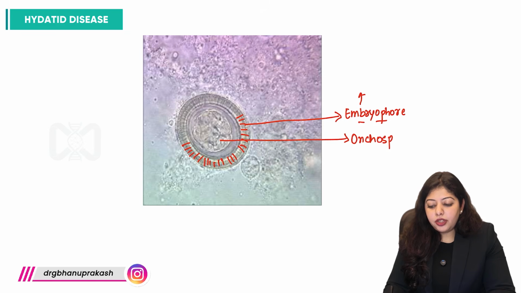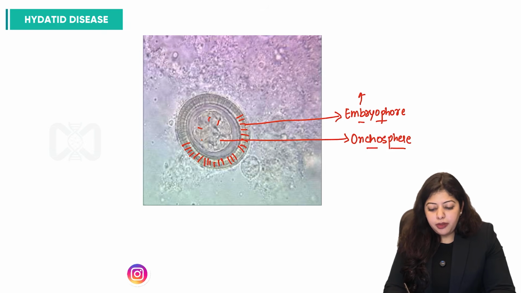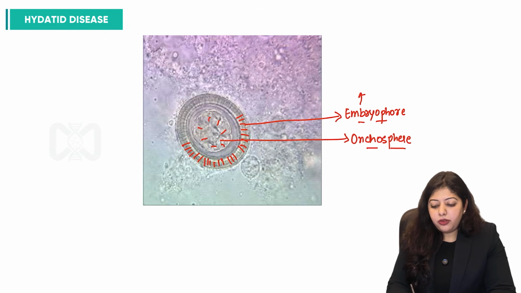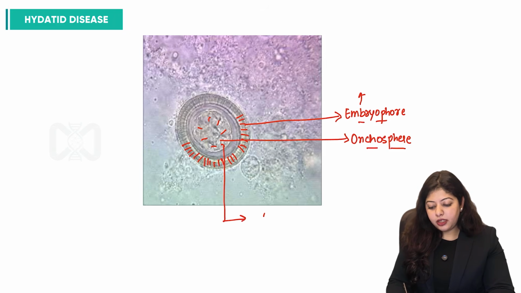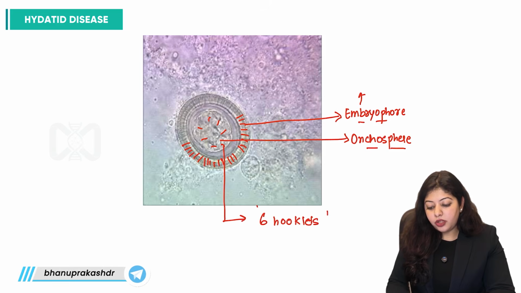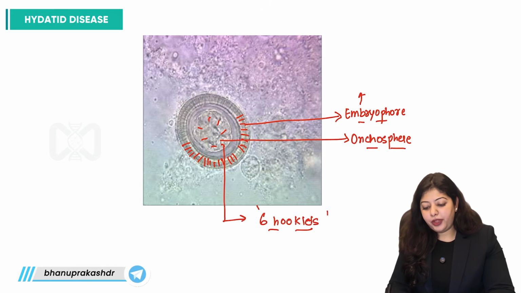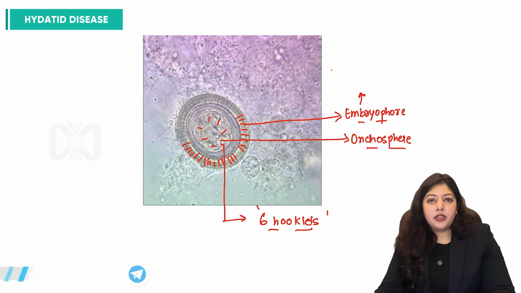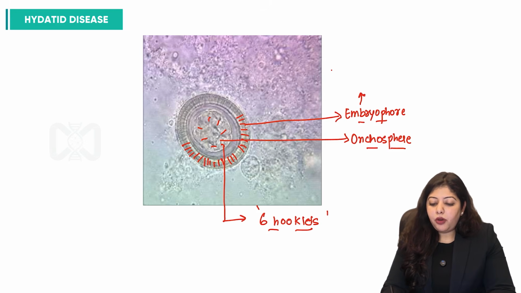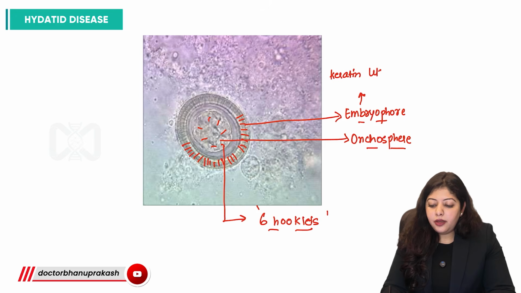This internal structure is the oncosphere. It has the growing embryo, and you might not be able to appreciate it here, but it also has 6 hooklets inside, which are also seen in Taenia eggs, right? So this embryophore is a hard outer covering, and it is made up of keratin-like protein.